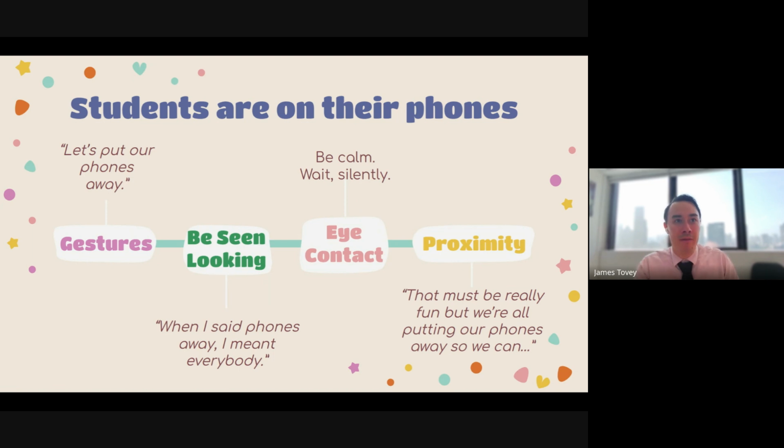Whereas if you tell them off, yes, you're also giving them the message that that's what the teacher expects, that they're not on their phones. So stop, get off your phones. Everyone's off their phone. Get off your phone. They're going to get the same message, but they'll also be resentful.